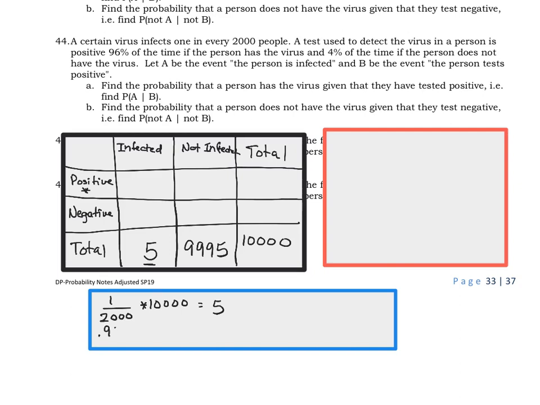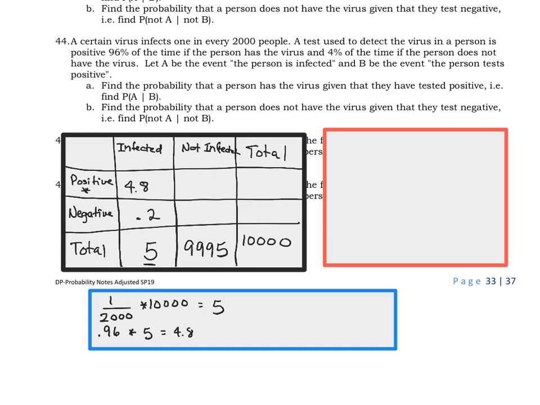So 96%, notice we move the decimal 2 places to the left, of 5 is going to give us 4 8/10. So to finish out this column, we need the people who tested negative, which will be 5 minus 4.8, and we get 2/10.